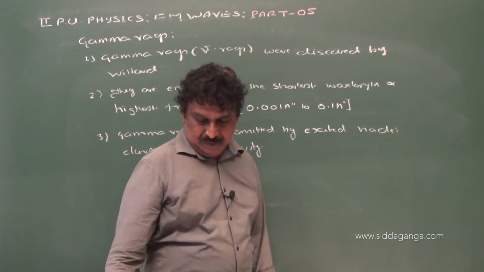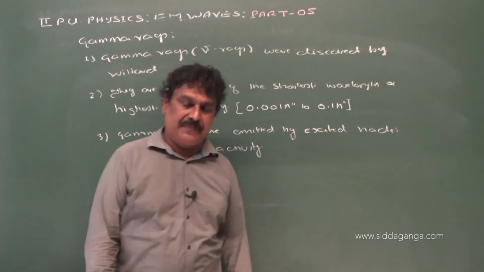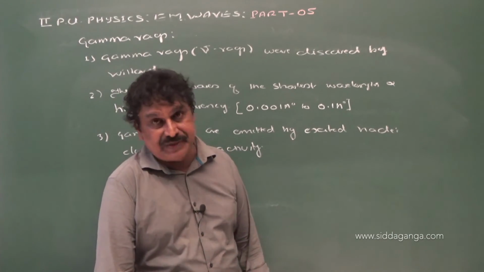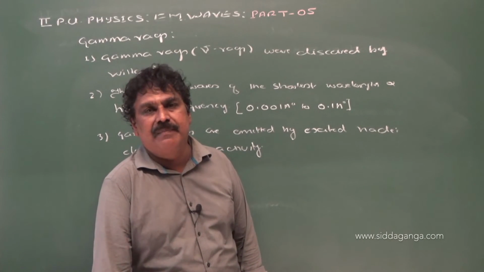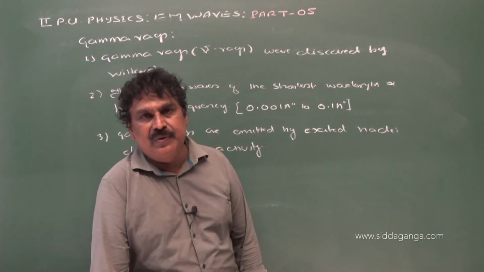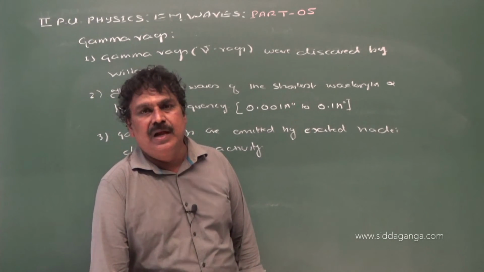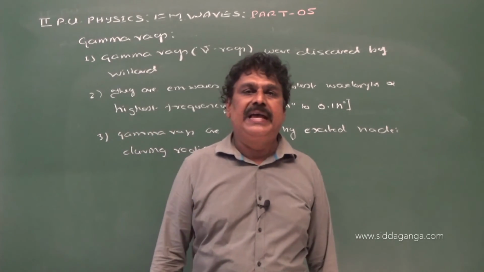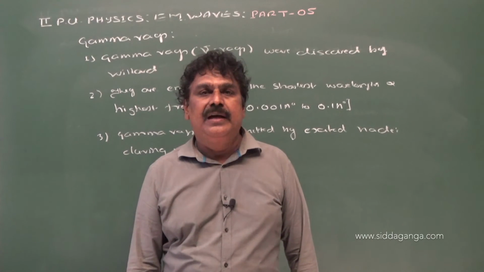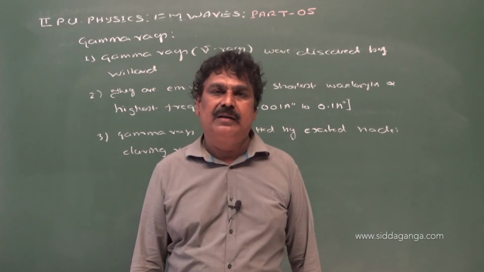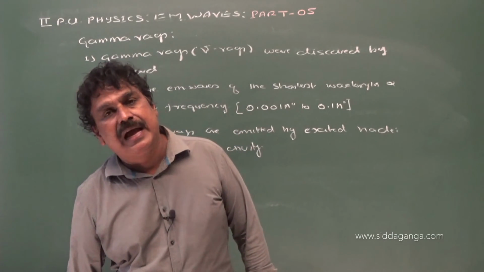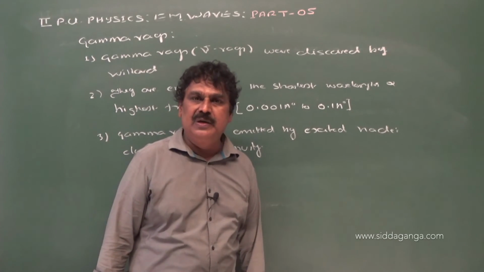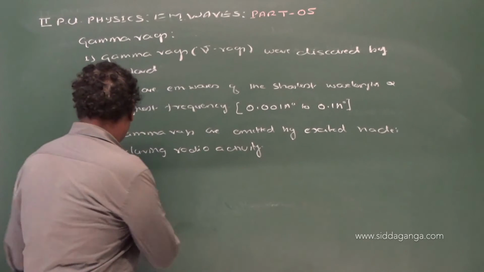So generally the gamma radiations are emitted by radioactive substances. After emitting an alpha particle or beta particle, the nucleus is in excited state. To come back to normal state, the nucleus emits gamma radiation. So excited nuclei in the phenomenon of radioactivity are the sources of gamma radiation, and gamma rays can also be obtained from cosmic rays. Cosmic rays are also the sources of gamma radiation.